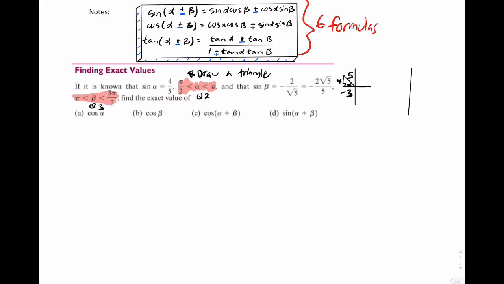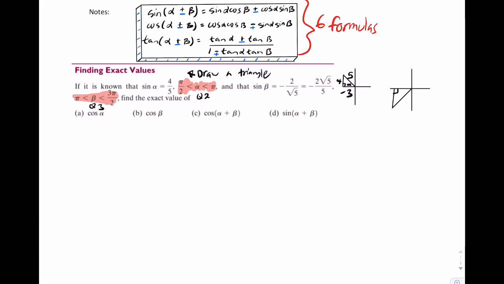So over here, I'll draw my second triangle. Quadrant 3 like that. A little ugly. That's a little better.